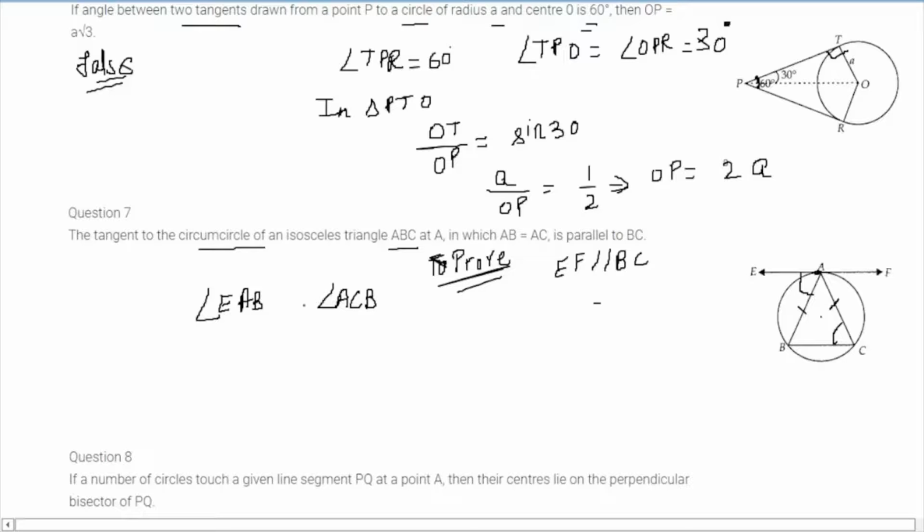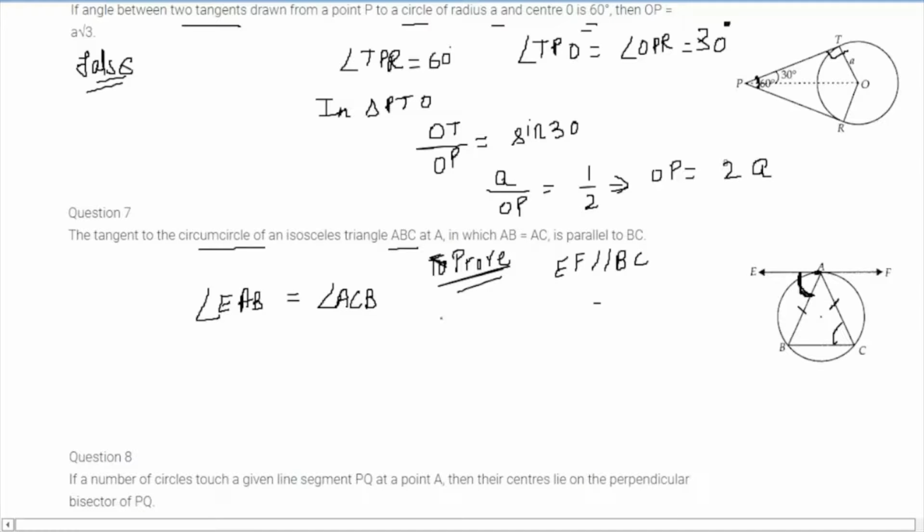Yes, these two angles are equal. Why are these equal? Because the angle between a tangent and a chord is equal to the angle made by the chord in the alternate segment. AB is the chord here, and angle EAB is the angle between the chord and the tangent, and angle ACB is the angle made by the chord in the alternate segment.